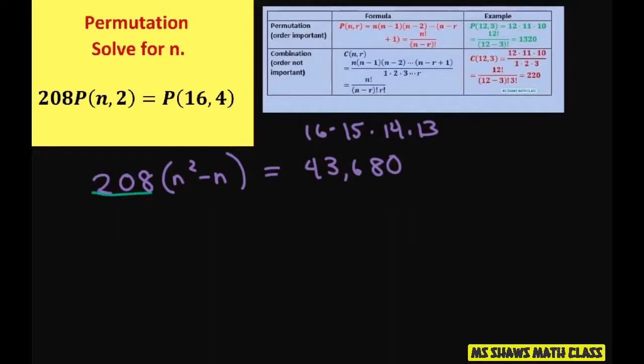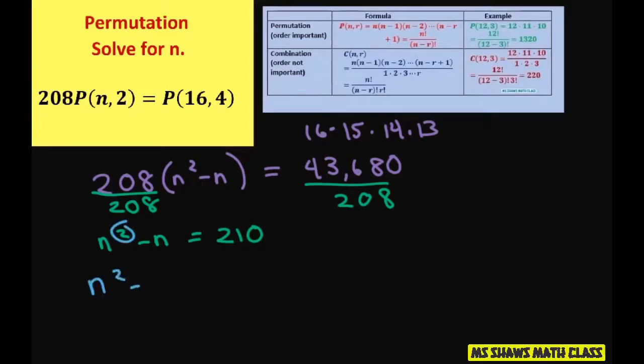Let's divide both sides by 208. So what we're going to get now is n squared minus n equals 210. Now since it's quadratic in form, we're going to write n squared minus n minus 210.